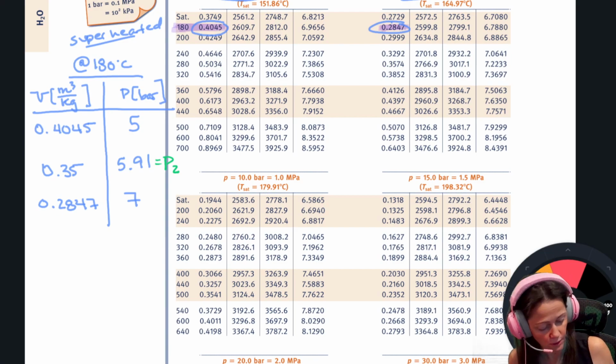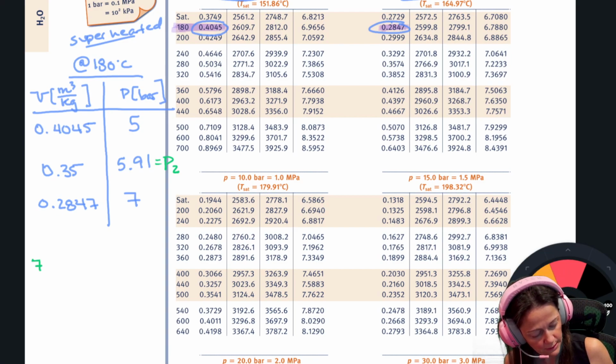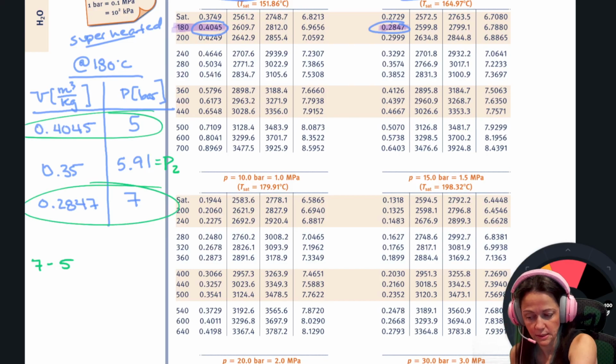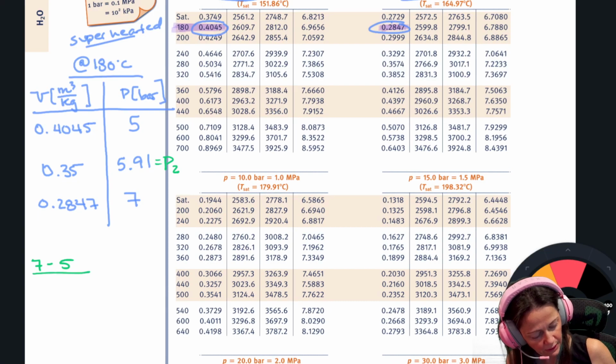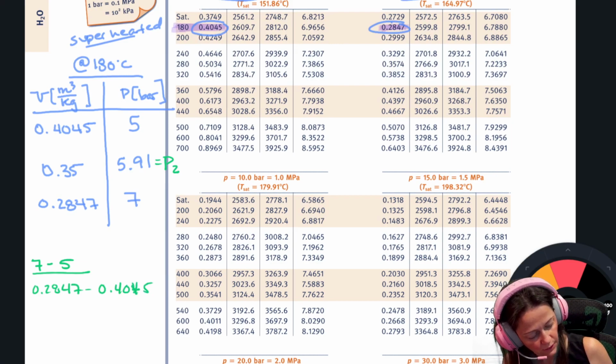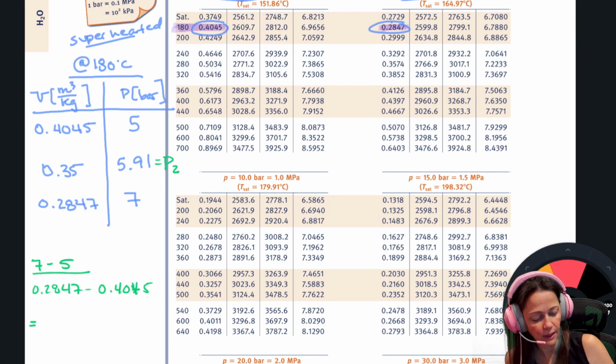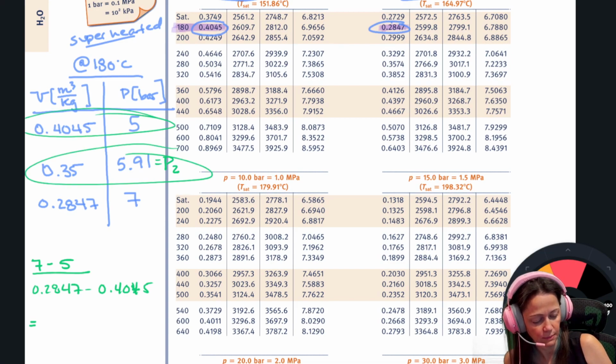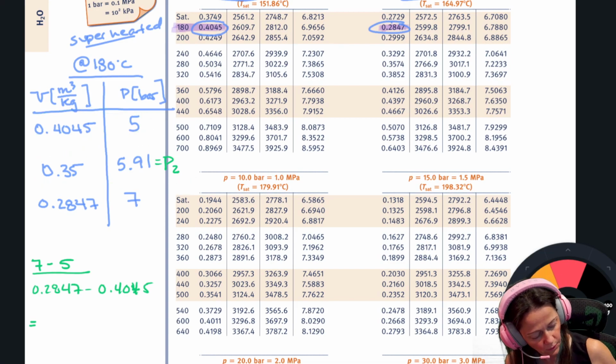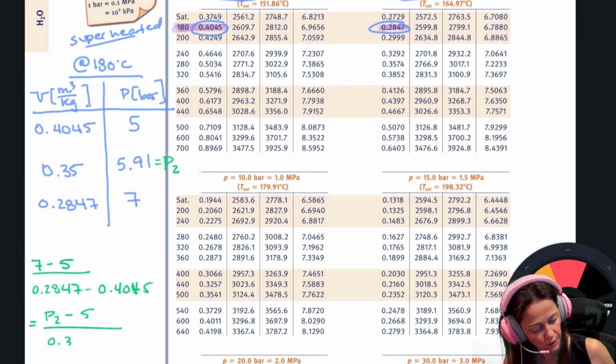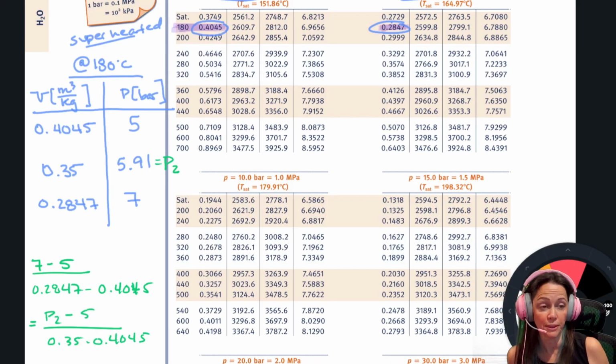Working from the bottom up, 7 minus 5 over 0.2847 minus 0.4045, and then this one minus this one, equals P2 minus 5 over 0.35 minus 0.4045. And I would solve for P2 that way.